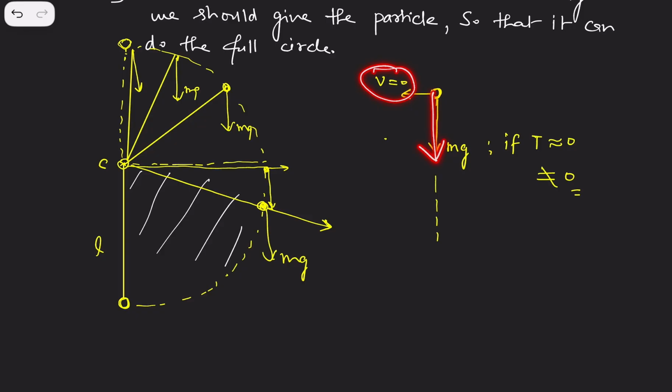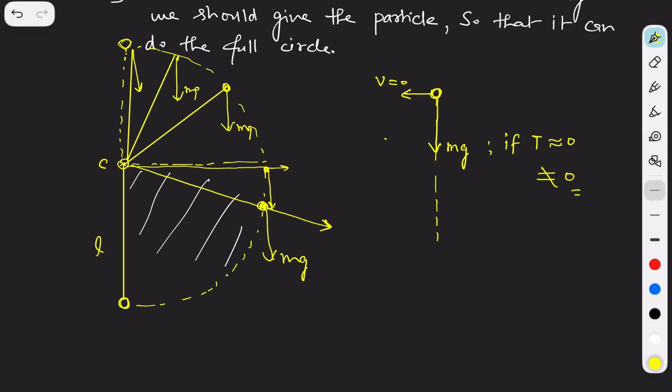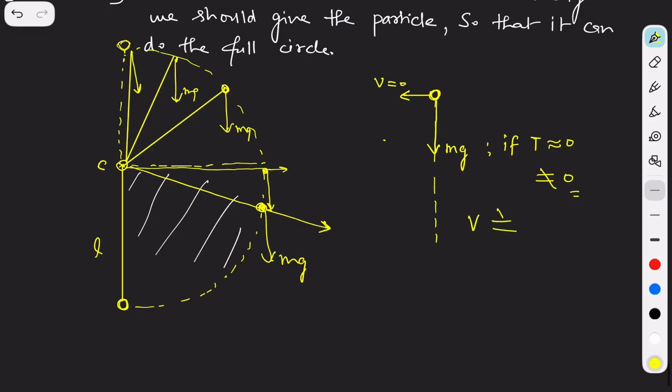It means v equal to 0 is not a viable option. v should not be equal to 0. There should be a minimum velocity so that you can fulfill the centripetal condition here. I hope you're getting my point.